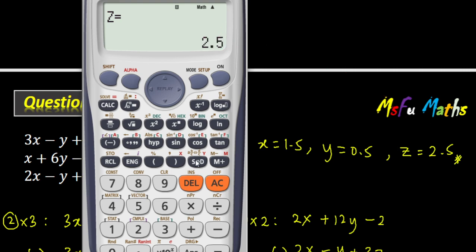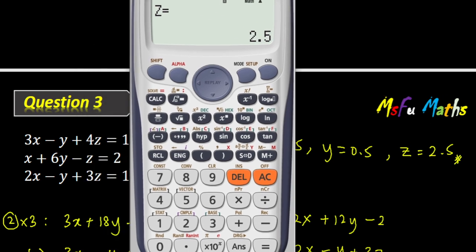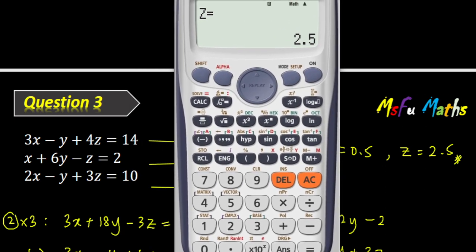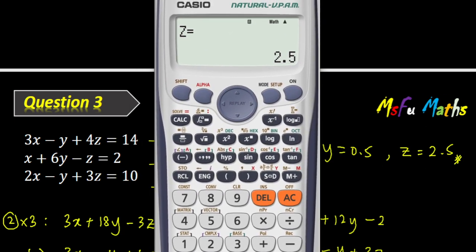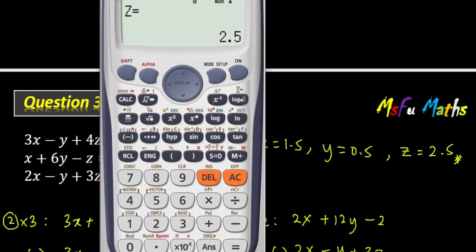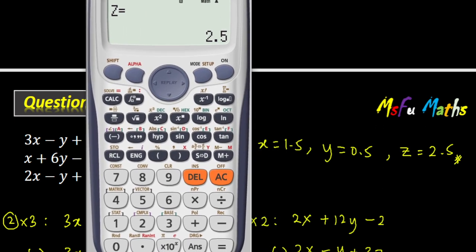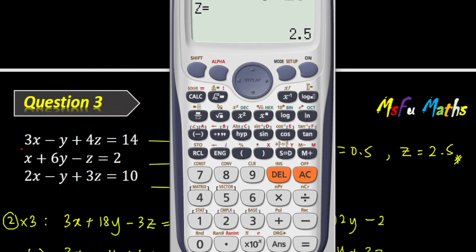We convert to decimals, we get 2.5. So this is just to check your answers. Sometimes when we get decimals like this, we thought that we are wrong, but actually you can check. You can either substitute one by one into these equations and make sure they equal the right sides, or you can just use your calculator also.